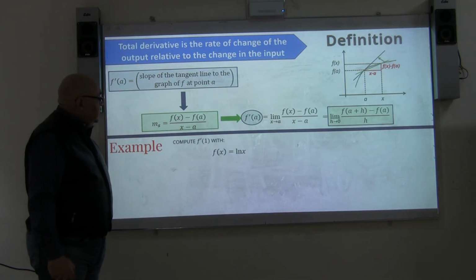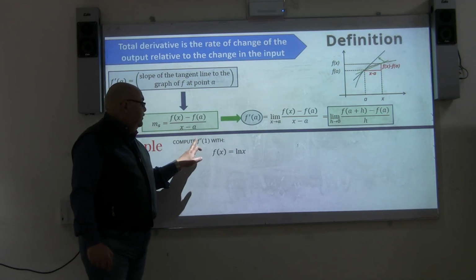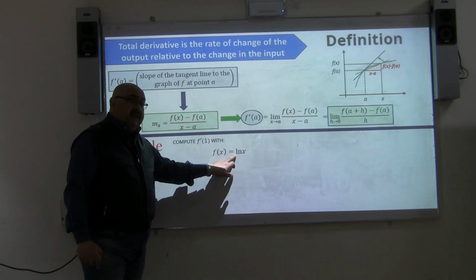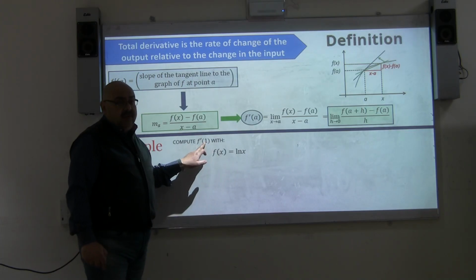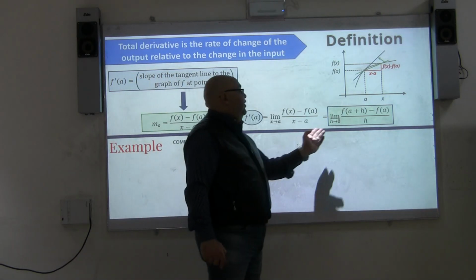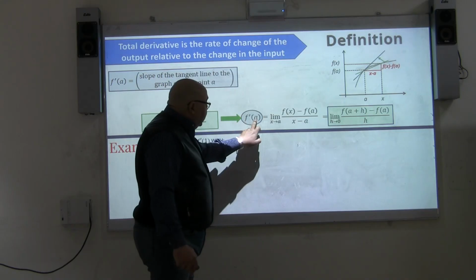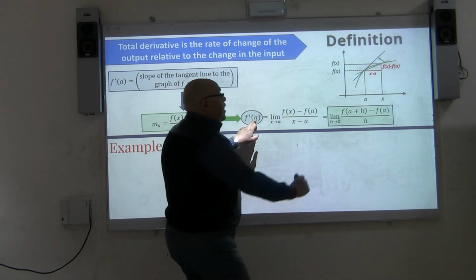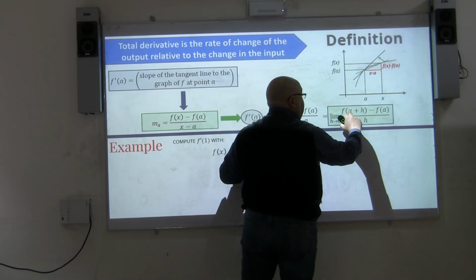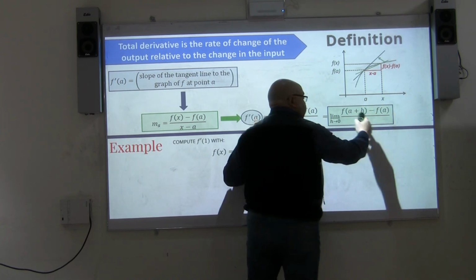An example on this: if I want to get, for example, the derivative of f of x equal to ln x at x equal to 1. This is very, very simple. All I have to do is to apply this limit. So f dash at 1 will equal the value of the function at 1 plus h minus the value of the function at 1, divided by h.